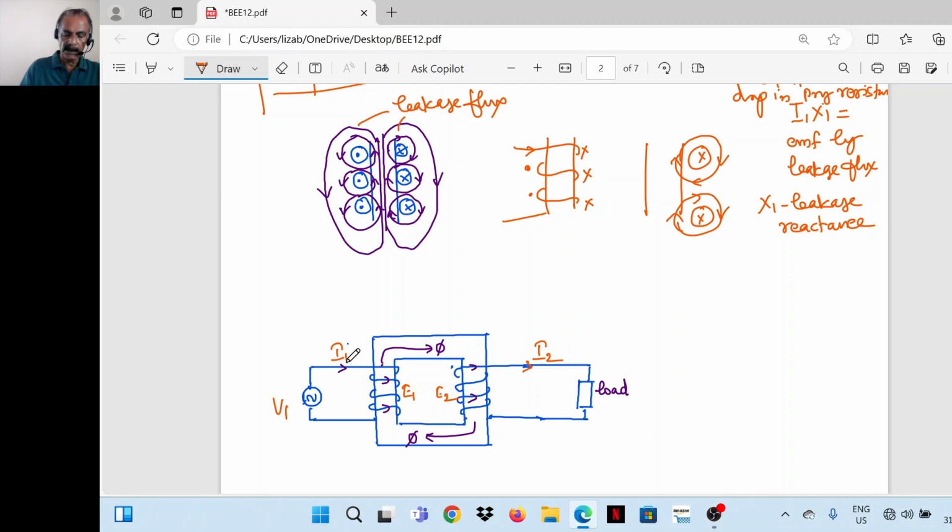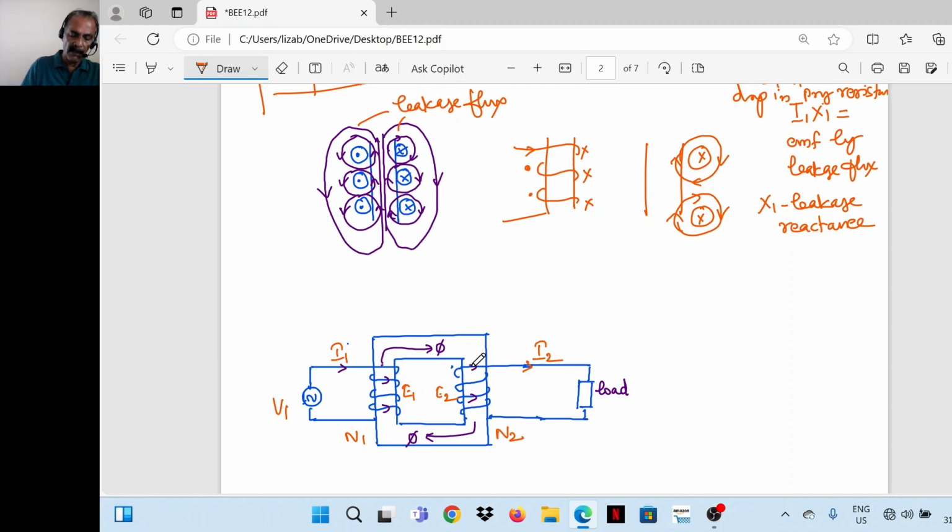Now what happens? When I2 flows through the secondary winding, there will be an MMF produced, N2 into I2, that is the ampere turns on the secondary side. The secondary winding has N2 turns, so this will produce a flux.